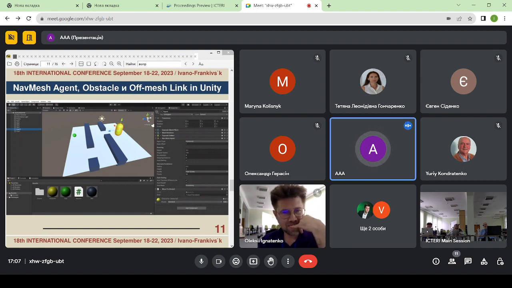When we run this after first creating the navigation mesh, we will find our agent moving towards the target object until it reaches it. This is the Unity NavMesh.